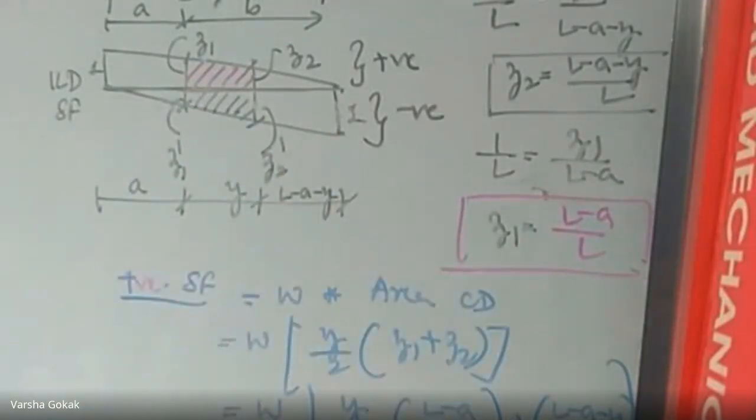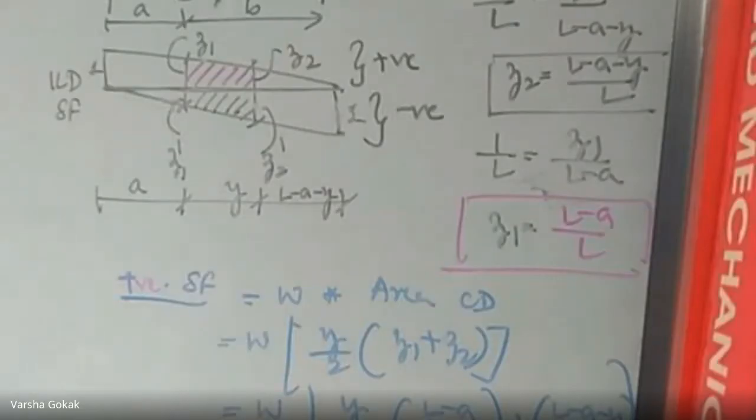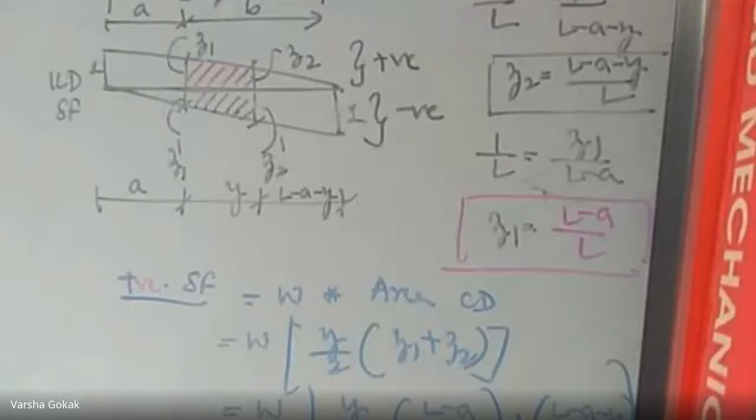Audible? Yes, ma'am. How do I go with the negative value? Maximum negative shear force? Find Z1 and Z2 for the negative diagram, right? Yes, ma'am. So it is Z1 dash and Z2 dash, right?